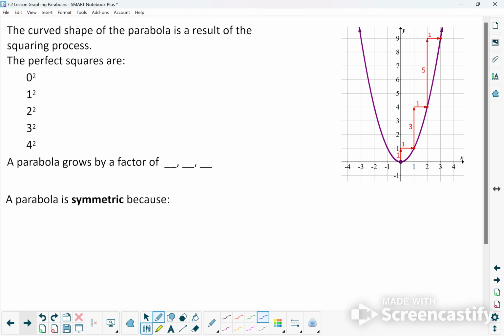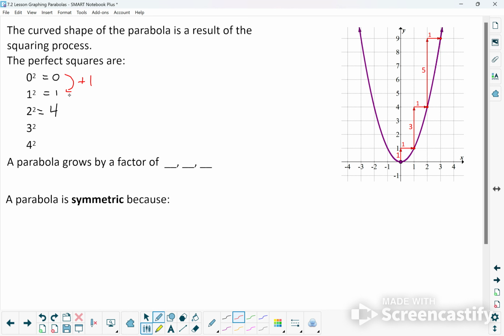That curved shape of the parabola is a result of the squaring process. Our parent function x squared has this operation of squaring. The reason that we get this shape is because of how perfect squares change. 0 squared is 0 and 1 squared is 1. So the first change is that we've gone up 1 between those two perfect squares. The next perfect square, 2 squared, is 4.